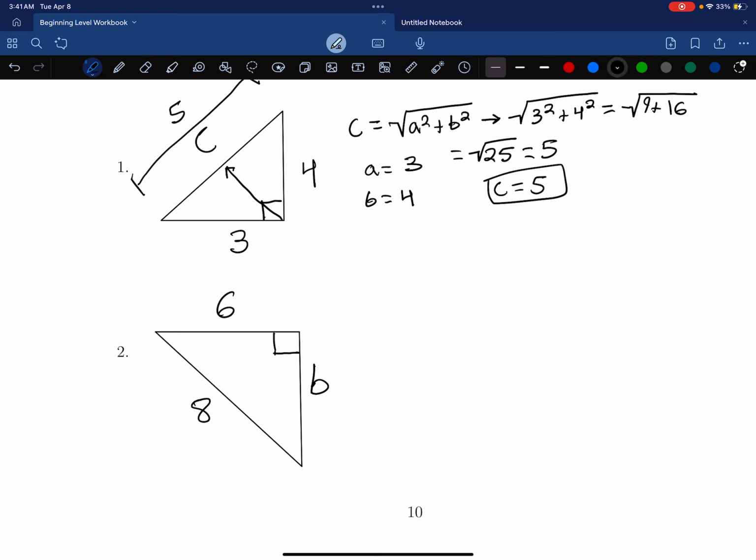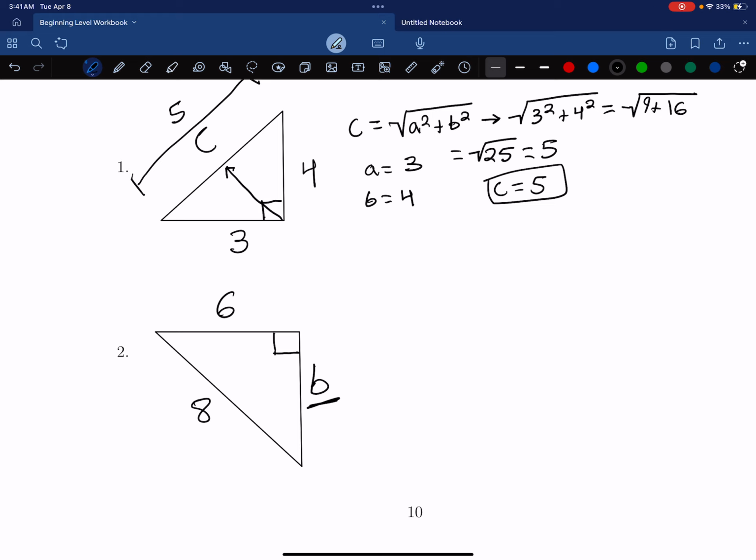So looking at our second example, we want to know this length here, this length of B. So I encourage you to pause the video and actually try this one on your own because we worked through an example. And assuming you have given this a try, let's go through it.